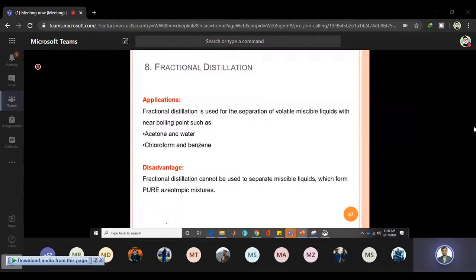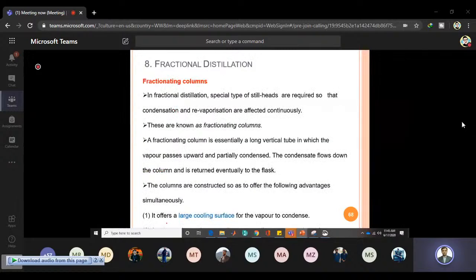What are the disadvantages? Fractional distillation cannot be used to separate miscible liquids which form azeotropic mixtures. Yes, for azeotropes it is difficult. I think many of these things we have already discussed, so I'm not going into detail.